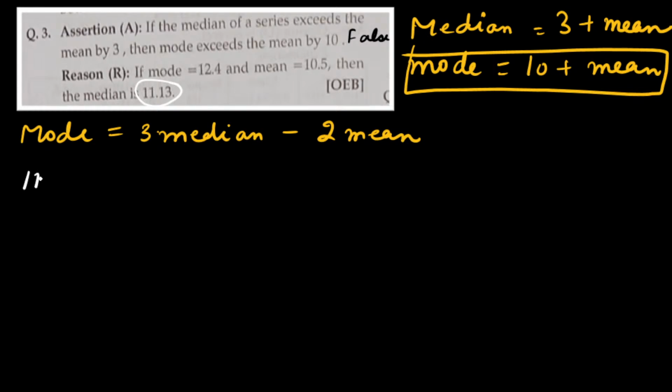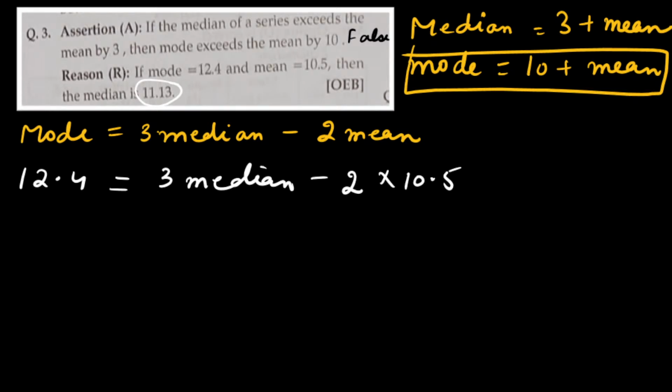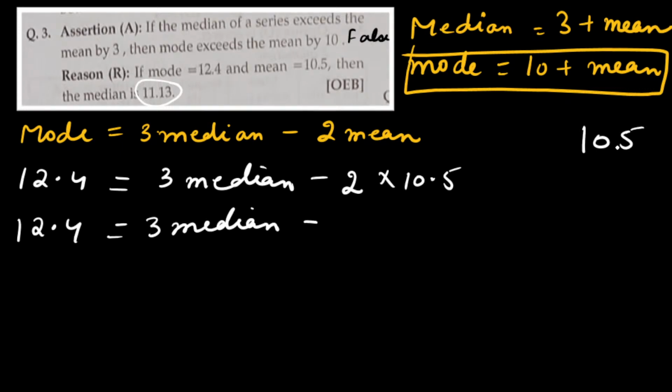Mode is 12.4. Median we have to find. I'll be writing it as 2 into mean, mean is 10.5. So 2 into 10.5. So 12.4 is equal to 3 into median minus 2 into 10.5. 2 into 10.5 if I do, what will I get?